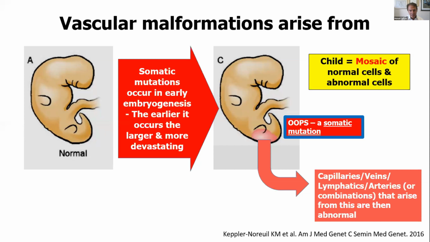And so when you have these types of somatic mutations, the child is really a mosaic of normal cells and abnormal cells. So if you do a blood test here, it's probably not going to be useful because in most cases, the blood itself will consist of normal cells. And it's only if you get the tissue that's affected that you will find abnormal cells.